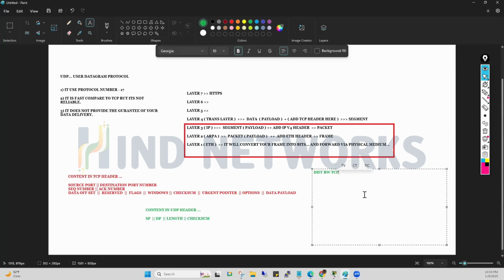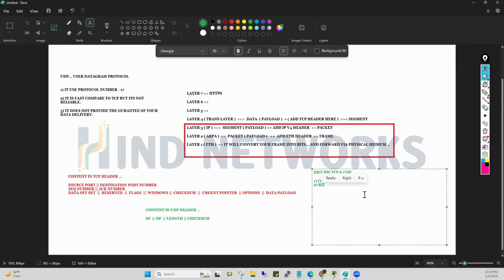First thing, TCP is, guys, connection oriented, but UDP is not. UDP is connectionless. I am only writing the TCP one, you need to understand the opposite for UDP. So TCP is connection oriented, but UDP is connectionless.